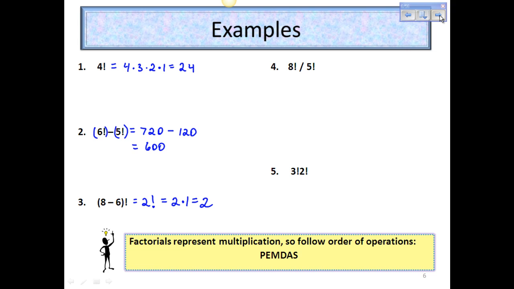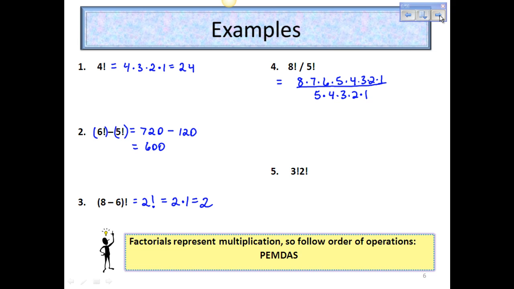On example 4, that is 8 factorial divided by 5 factorial. So let's write out what that actually looks like. 8 times 7 times 6 times 5 times 4 times 3 times 2 times 1. And on the bottom, 5 factorial, 5 times 4 times 3 times 2 times 1.